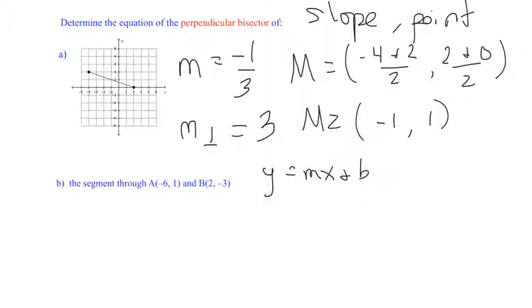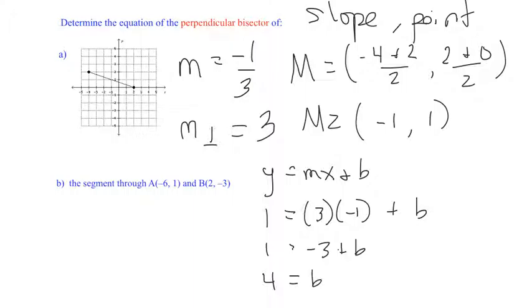What I don't know is b. So what I'm going to do is write in everything I know and solve for what's left. So y is 1, m is 3, x is -1, so I've got to multiply those together, and then plus b. If I multiply, 1 = -3 + b, and if I add 3 to both sides, I have b = 4, or 4 = b.